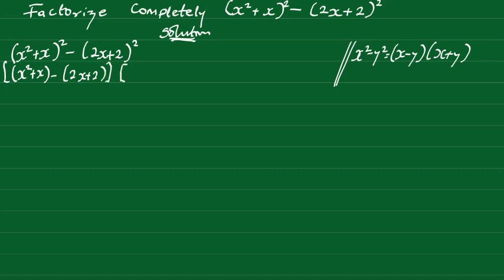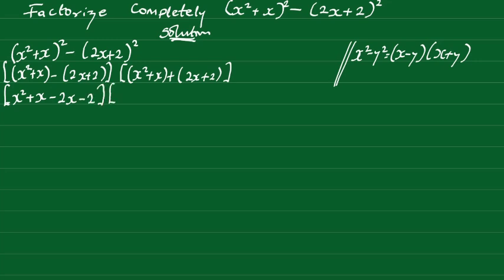Open another bracket. Here we write (x² + x) plus (2x + 2). Now we proceed further by opening our internal brackets, hence we end up having x² + x, minus times 2x gives us minus 2x, and minus times plus 2 gives us minus 2, bracket close.